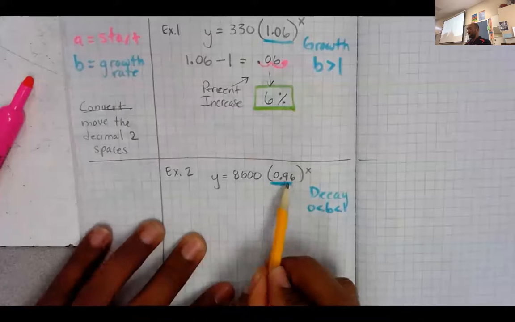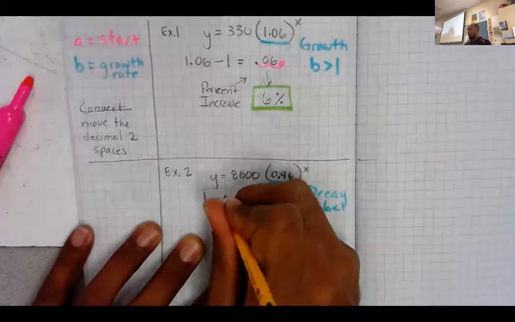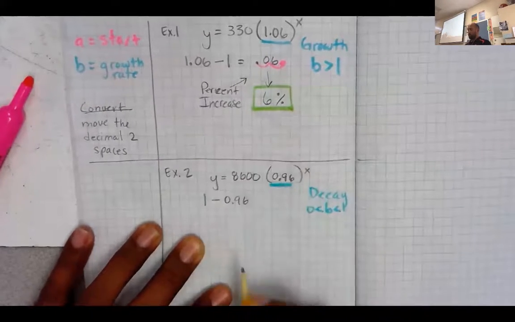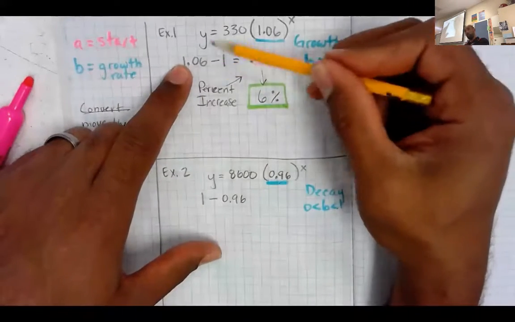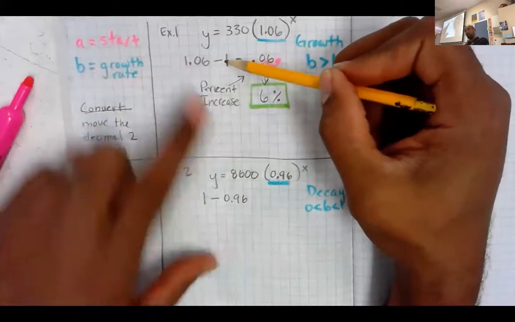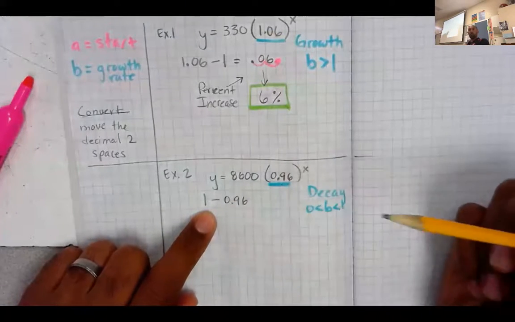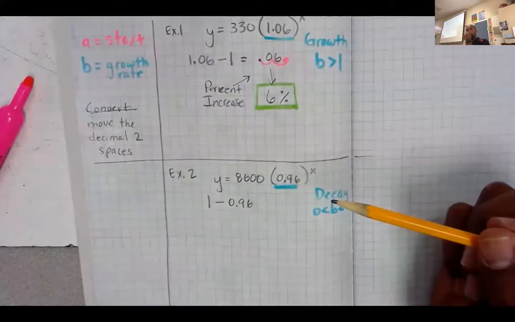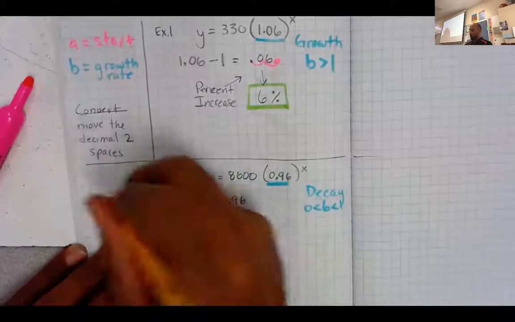So what I'm going to do instead this time is take that number and subtract it from 1. So notice here, the first time, because it was growth, because it was bigger than 1, I subtracted 1. But here, I'm doing 1 minus that number so I can figure out what that number is, okay? So now, let me write that over here.